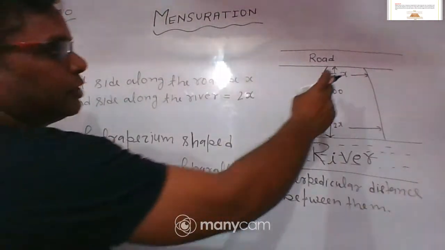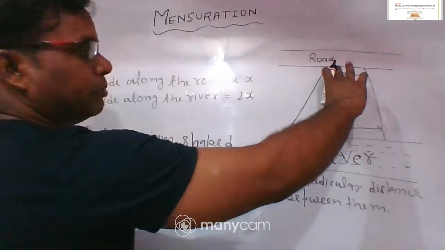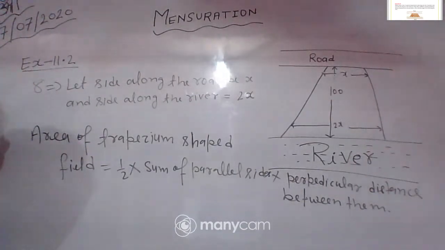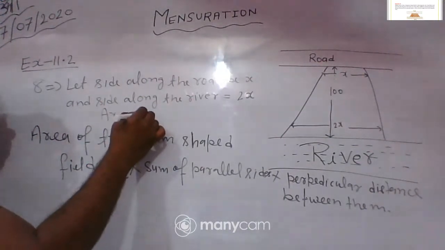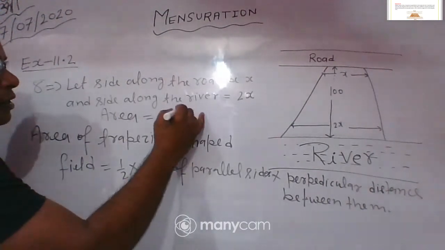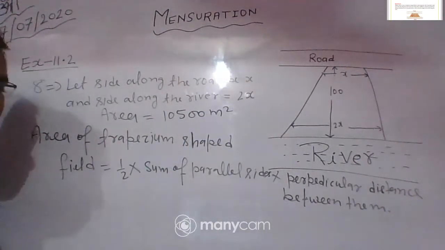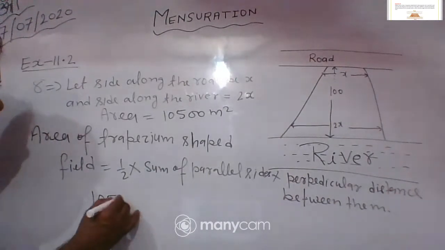See, here the parallel sides are x and 2x, and the distance between them is 100. So what is the area of the trapezium? The area is given. The area of the trapezium is 10,500 meter square. So we put here 10,500.